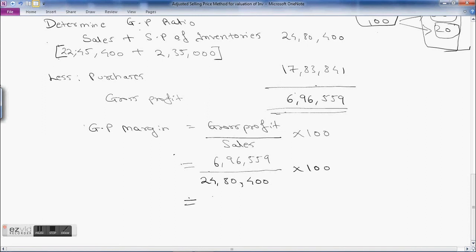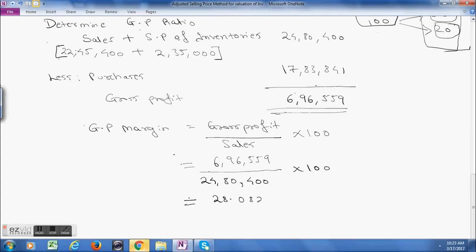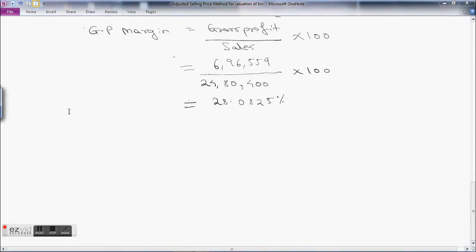This comes to 28.0825%. So gross profit margin is 28.0825% of your sales.